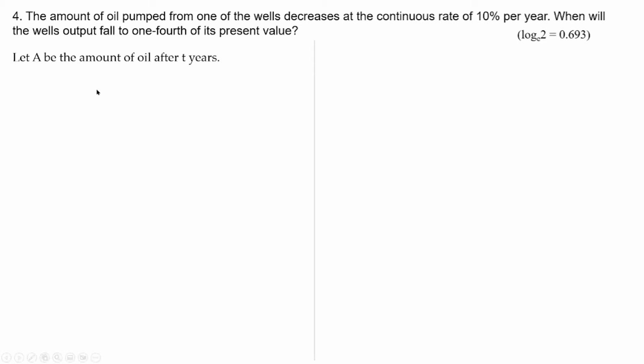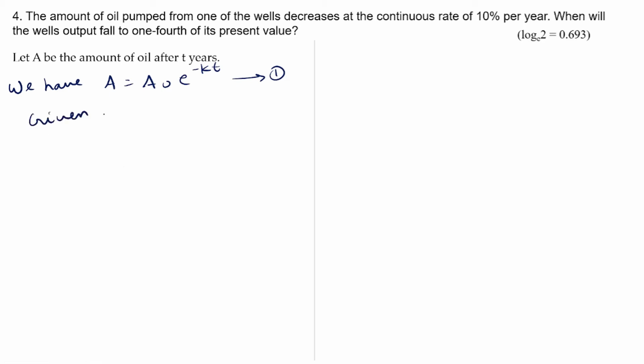So let us take, let A be the amount of oil for T years. Then we know the exponential decay model, A equal to A0 into e raised to minus kt. And here it is given, it decreases at a continuous rate of 10% per year.